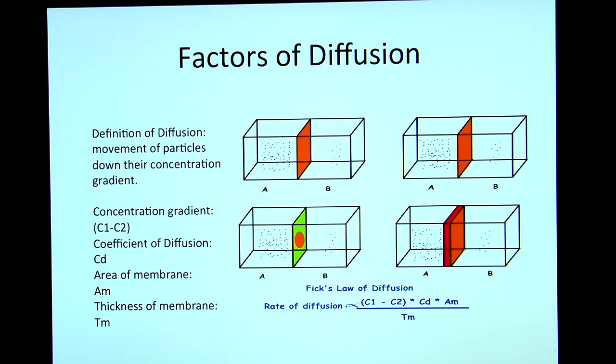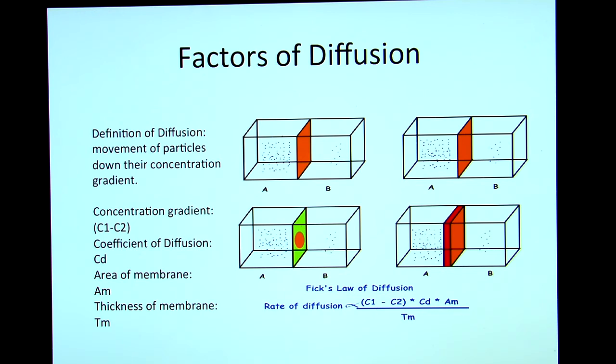If for whatever reason the membrane doesn't have the number of pores available, or the pores are not the right size, then the coefficient would be very low or non-existent. On the other hand, if the coefficient is high because there's a lot of particle channels available for that particular solute given that membrane, then we would see a rise in coefficient and therefore a rise in diffusion.